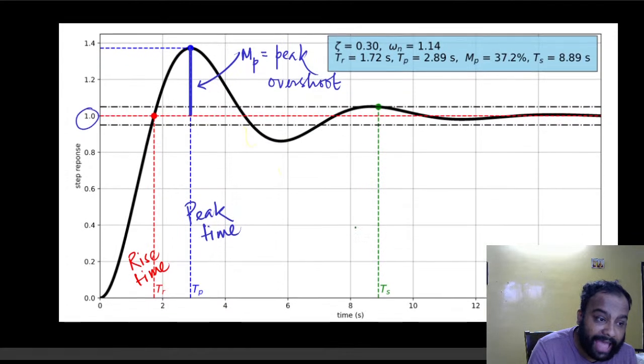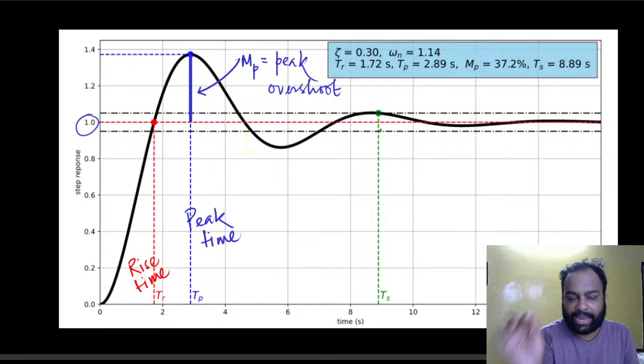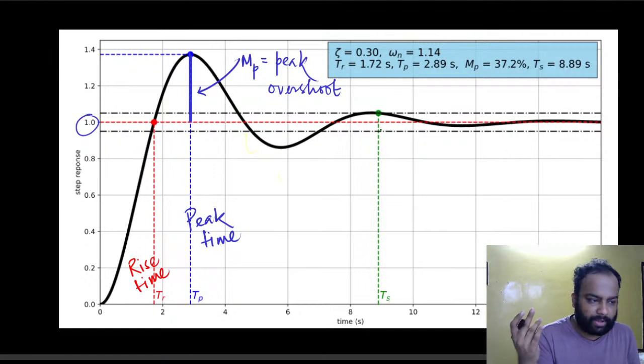To define that, we defined the steady state in a slightly different way. If I am waiting for the response to reach a value of 1 and get fixed at 1, I shall have to wait for an infinite amount of time, which I cannot do. Instead I would say I have reasonably reached the final value when I am within about 5% of the final value.